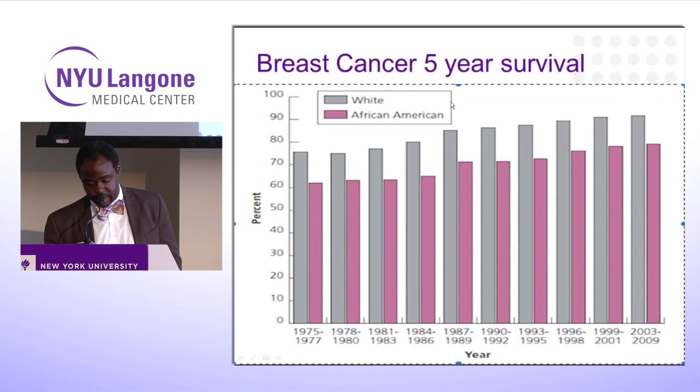And again, this is just another way of looking at it, comparing blacks to whites. You see from 1975 all the way through to 2009, basically this gap has not closed.